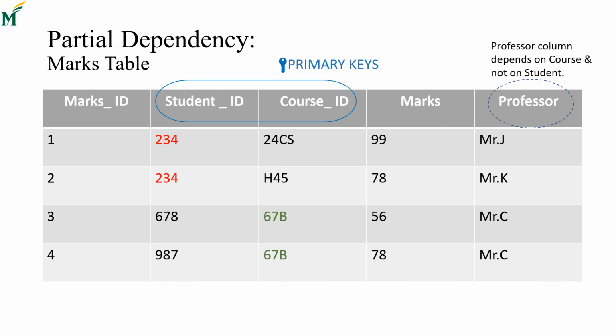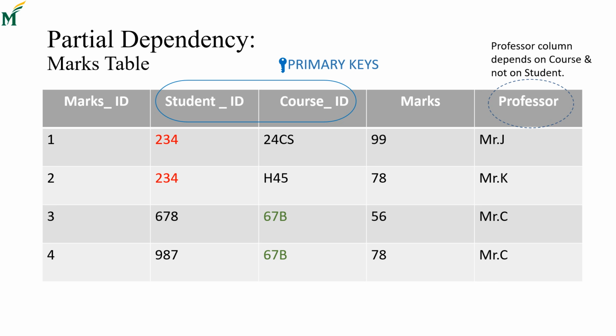In this table called Marks table, the primary key is Marks ID. But student ID and course ID make a more meaningful primary key. For example, in order to know the marks of student ID 234, it's impossible as we don't know which subject we are looking for.